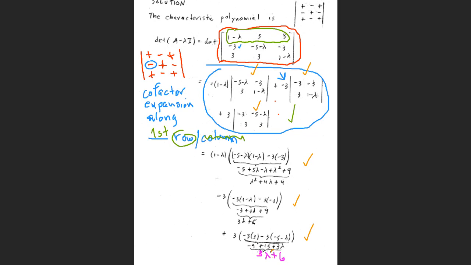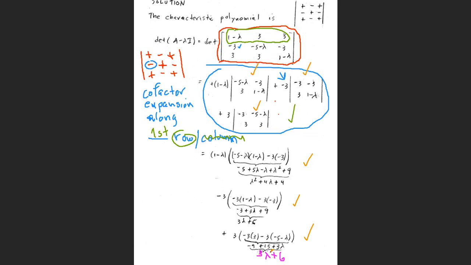And since the identity has 1s along the diagonal, all the other entries are 0. You would just be left with lambdas along the diagonal, right, for that. You're welcome.